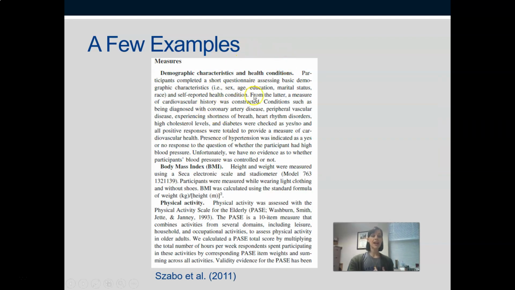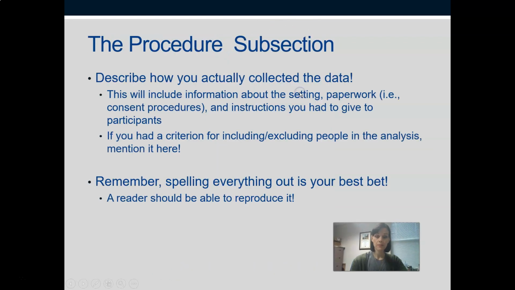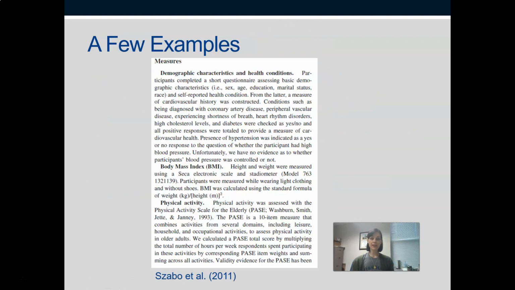And this is a materials section by Sasbo and colleagues in 2011. And you can see a couple of examples here. So demographic characteristics and health conditions, we'd find that in a materials section. Participants completed a short questionnaire assessing basic demographic characteristics such as sex, age, education, marital status and race, and self-reported health condition.